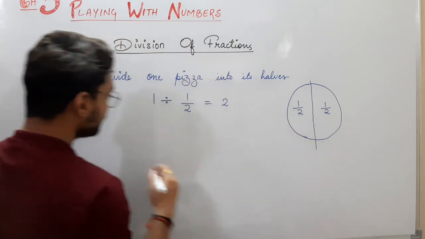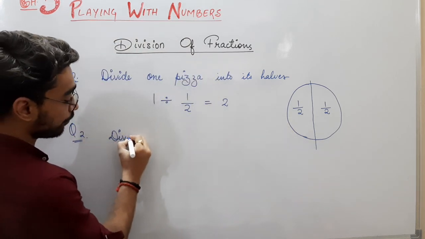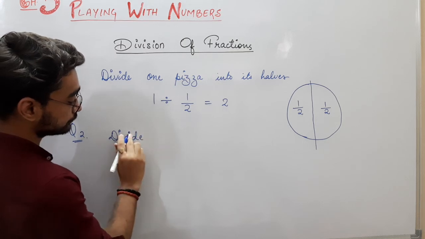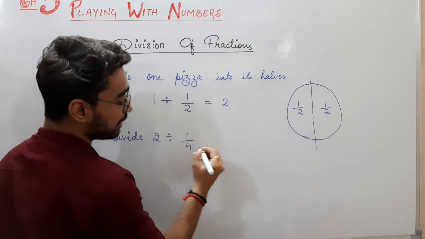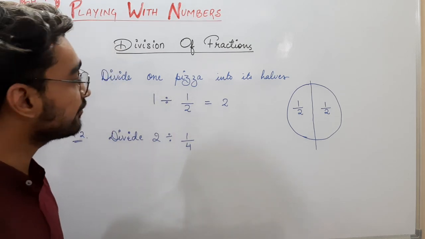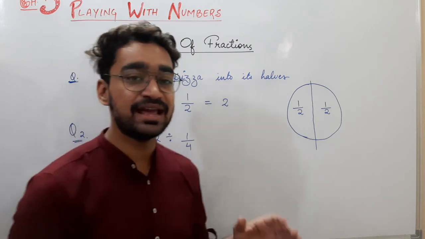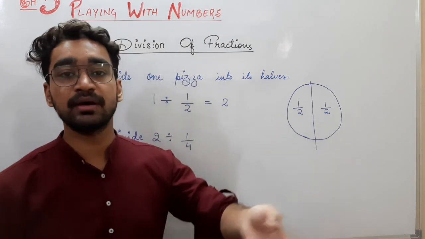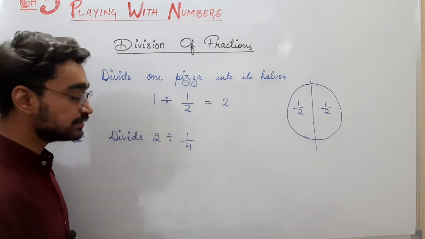If I am saying, for example, divide 2 pizzas into its fourth parts, that means divide 2 pizzas by 1 by 4. Divide to make 4 parts from each pizza.